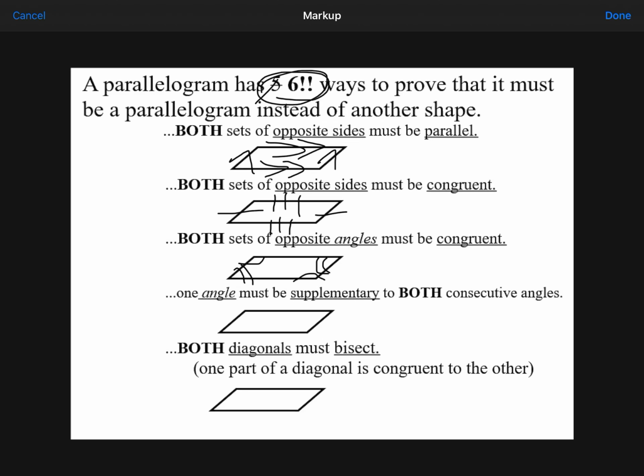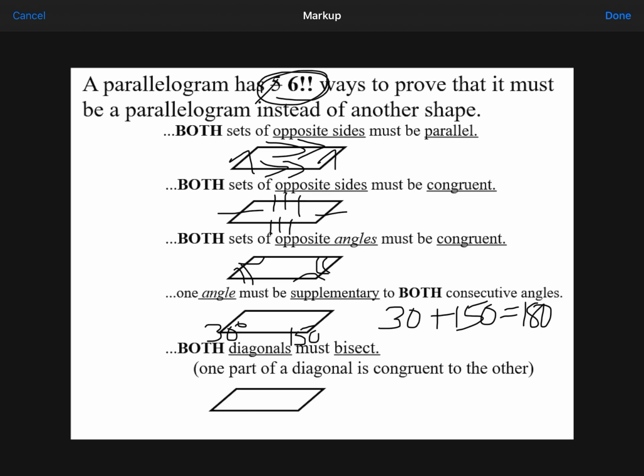The 4th one is the only challenging one here because one angle must be supplementary to both consecutive angles. What do I mean by that? Well, let's take 2 numbers that add up to 180, such as 30 and 150. If we happen to know this 30-degree angle, I don't need to know everything else in the picture.